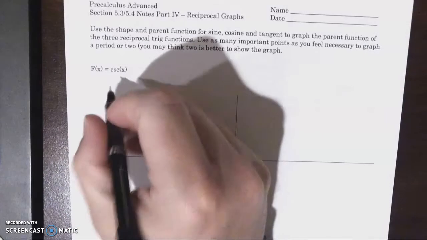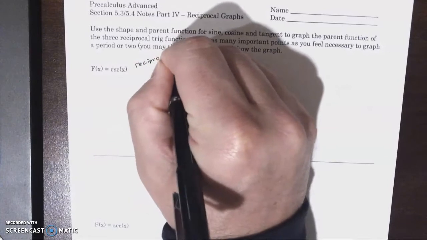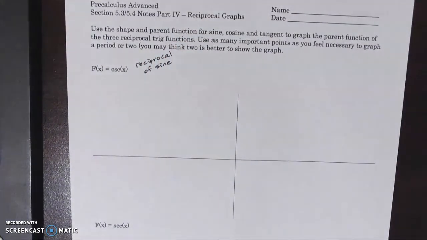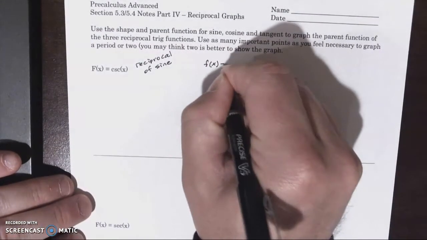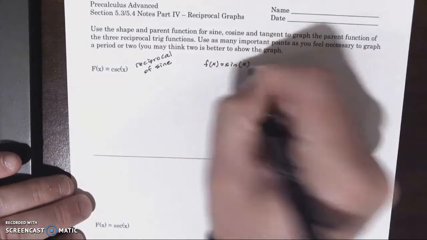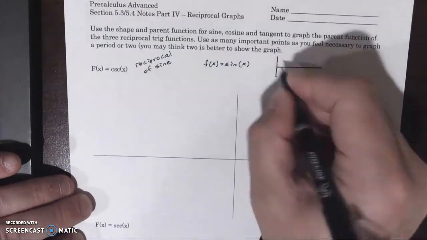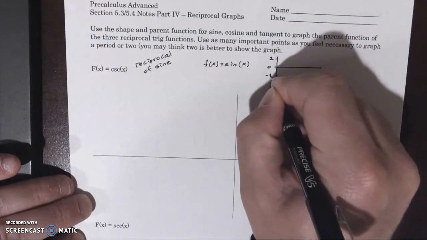So, a reminder that cosecant is the reciprocal of the sine graph. So let's think about what the parent function for sine looks like. Let's draw that out here real quick.